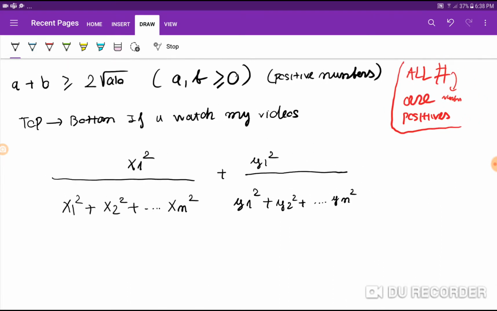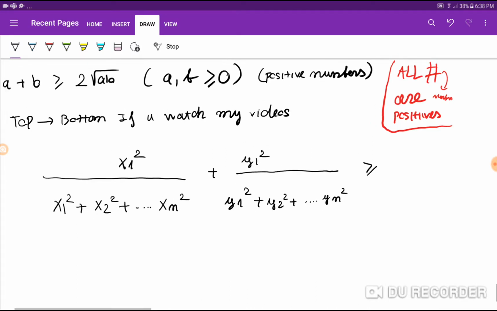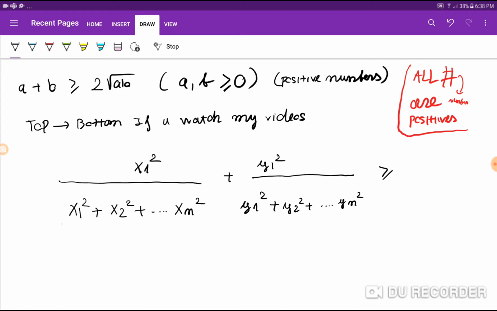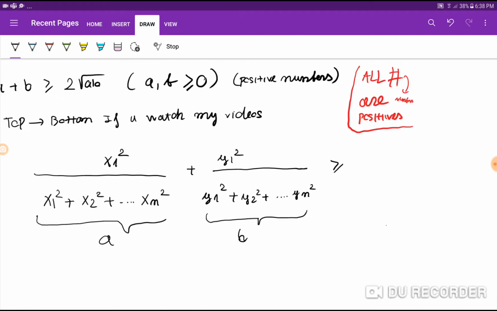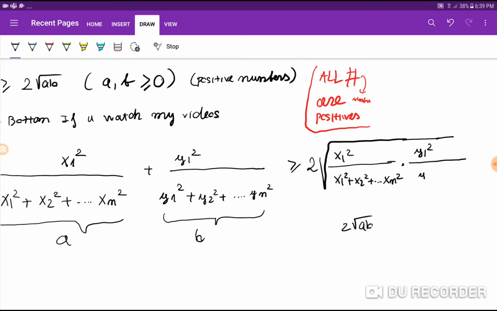If all this is greater than or equal to, according to our theorem, 2 square root of ab, where this is a and this is b, then in this fancy term it becomes 2 square root of x1 square over x1 square plus x2 square plus all the way to xn square, times y1 square over y1 square plus y2 square all the way to yn square.